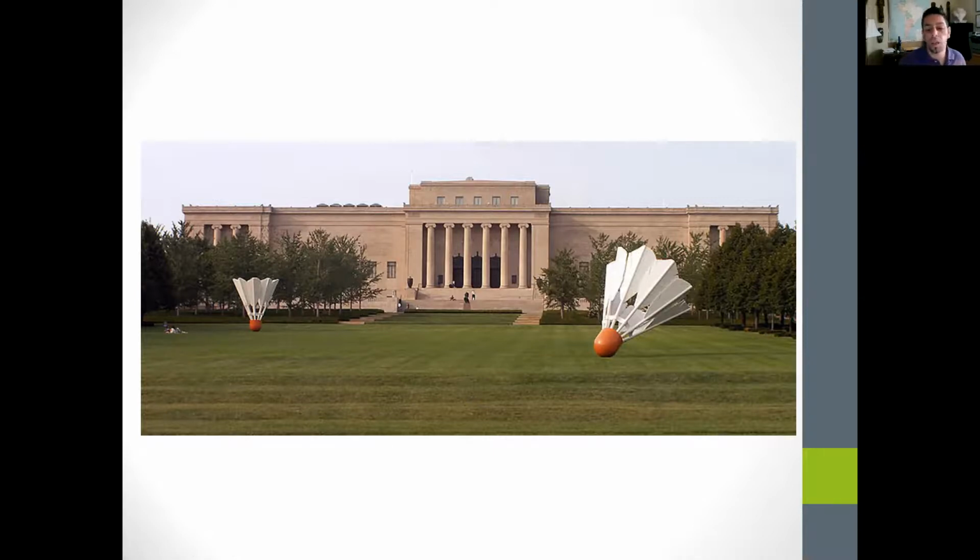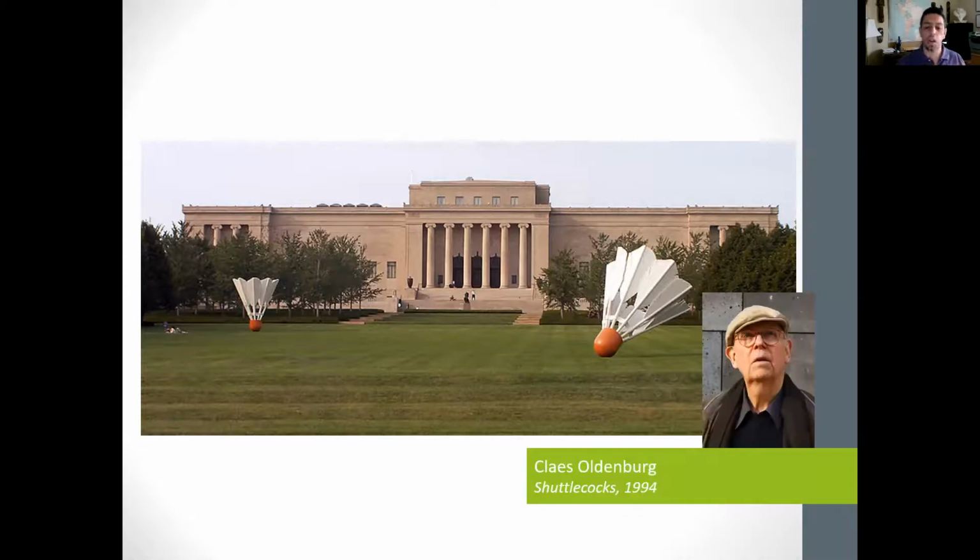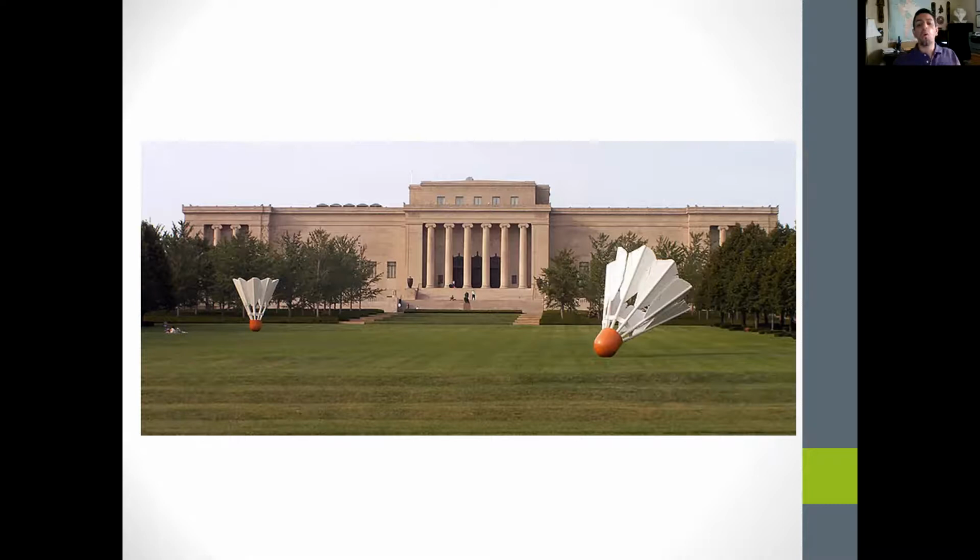Let's take a look at this artwork right here. This is by Claes Oldenburg, and these are shuttlecocks. Both of them are placed in the middle of a field. So what would be the scale of the shuttlecocks?